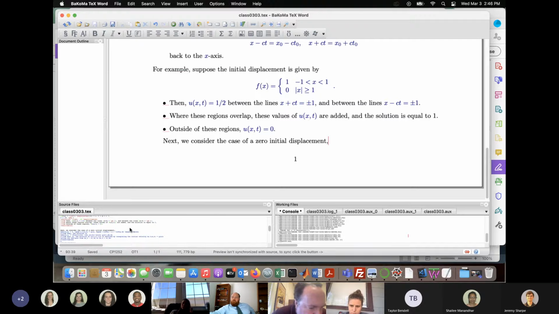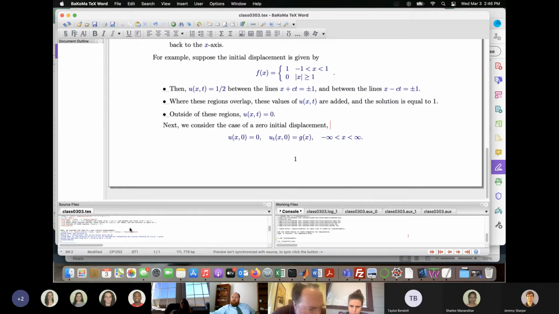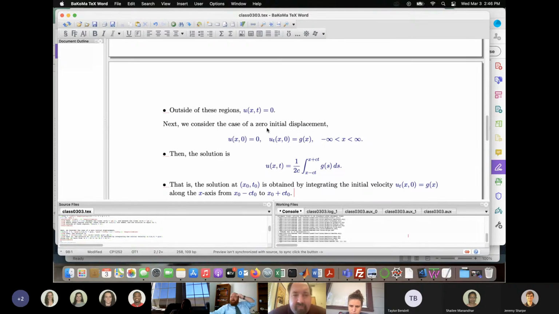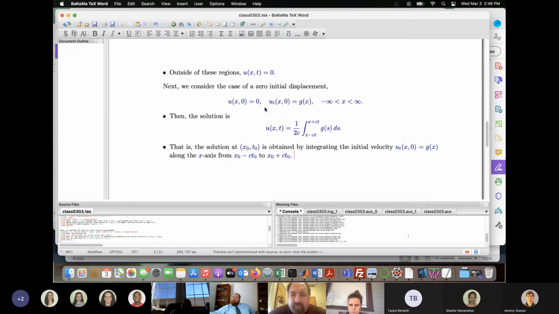So now we're going to have a case where the initial displacement, f of x, is 0. And we have some function g of x for the initial velocity. So then from the solution formula, this is what we have.